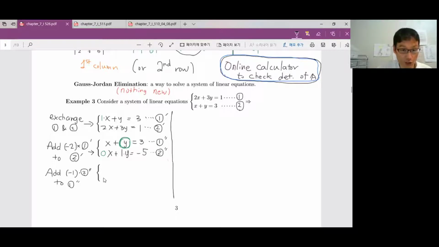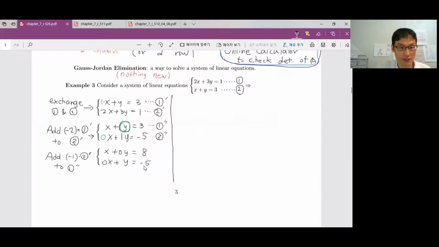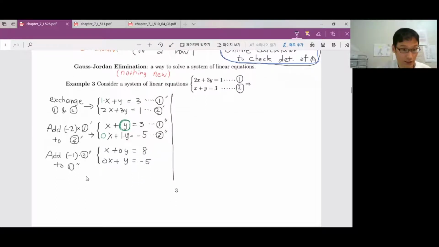Then second equation will remain 0x plus 1y equals -5. And the first equation becomes x plus 0y equals 3 minus -5, 8. So we are done. So x equals 8, y equals -5.